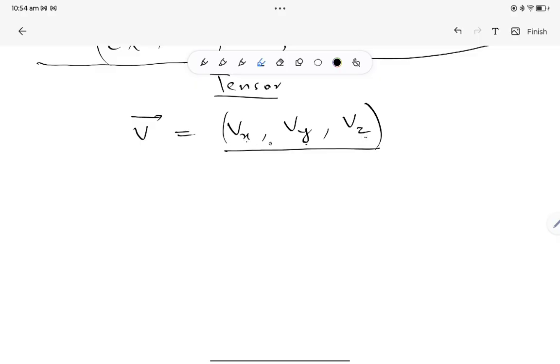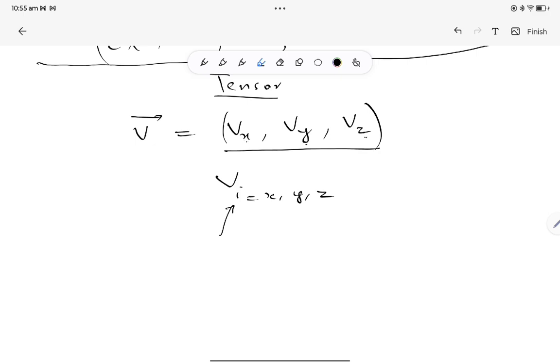There is a subscript on each component, and that subscript is a variable. It changes. We show it with i. We call it Vi, where i is equal to x, y, z. We call it an index. We say that you need one index to represent the components of a vector.